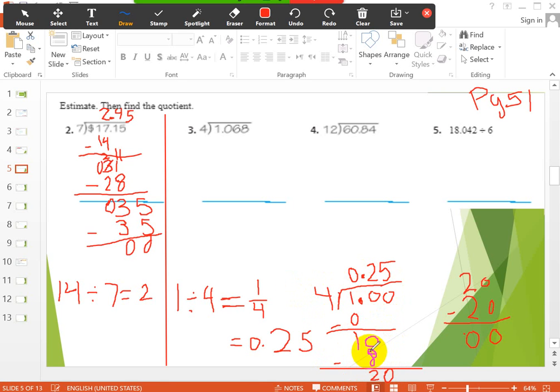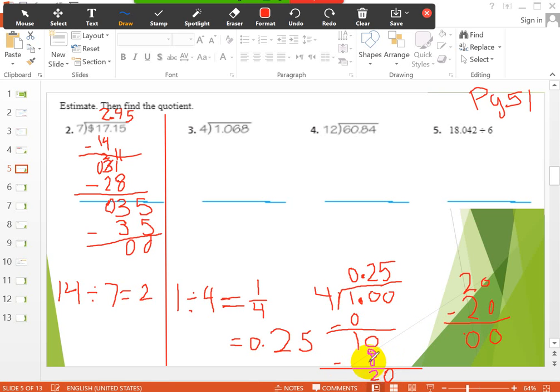How many 4s in 10? 2 4s, right? So I will put 2 in the tenths digit, and then I will multiply. 2 times 4 equals 8. I will subtract, as I said, 10 minus 8 equals 2. Look, I have another 0. I will take it and put it next to the 2, so it will be 20.